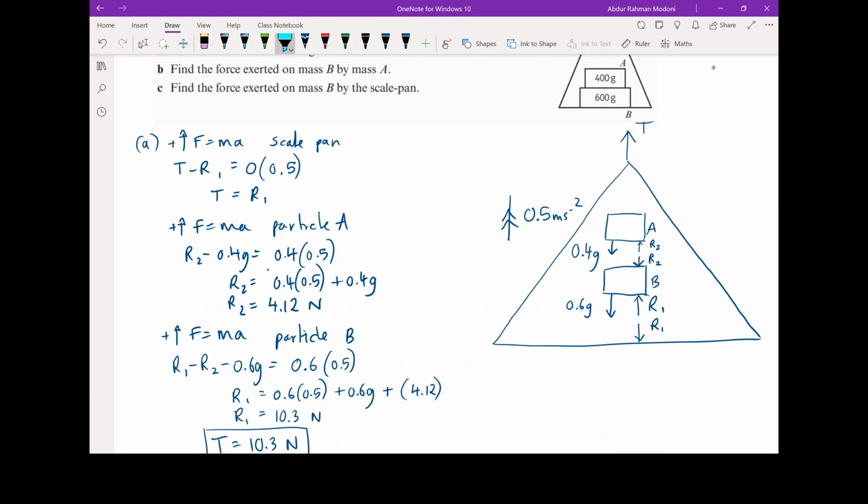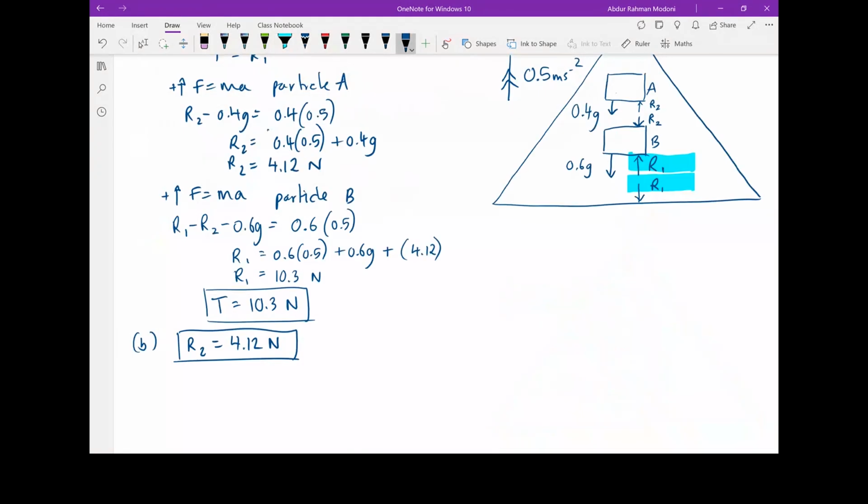So here we're after reaction 1, the force exerted on mass B by the scale pan. Reaction 1 we've also worked out, it's 10.3. So let's go and write that down.